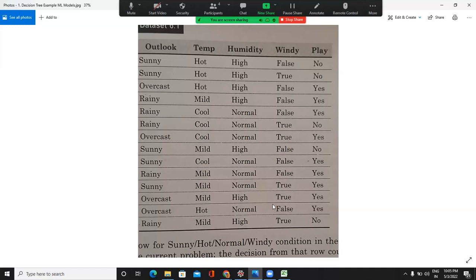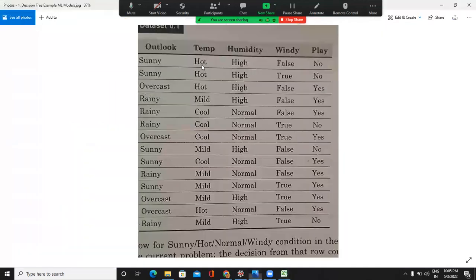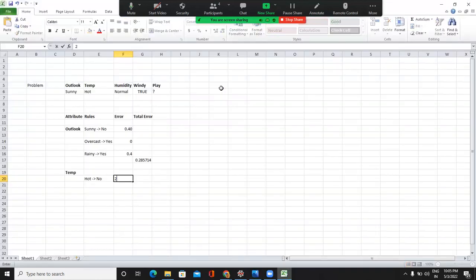So we can arbitrarily choose hot, say we choose no. So out of these 3 plus 1, 4 hot, we will be wrong 2 out of 4 times.